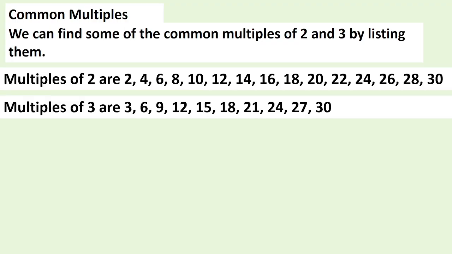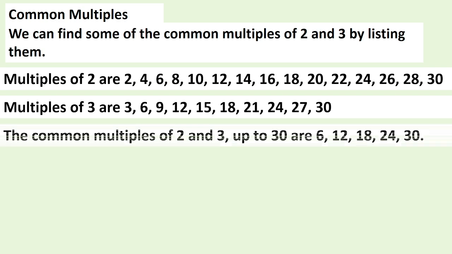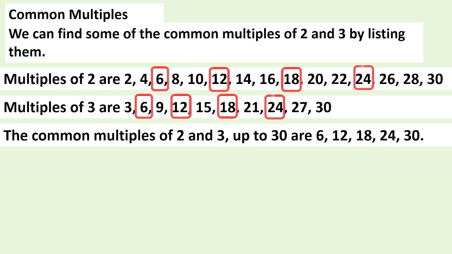Multiples of 3 are 3, 6, 9, 12, 15, 18, 21, 24, 27, 30. The common multiples of 2 and 3 up to 30 are 6, 12, 18, 24, and 30.